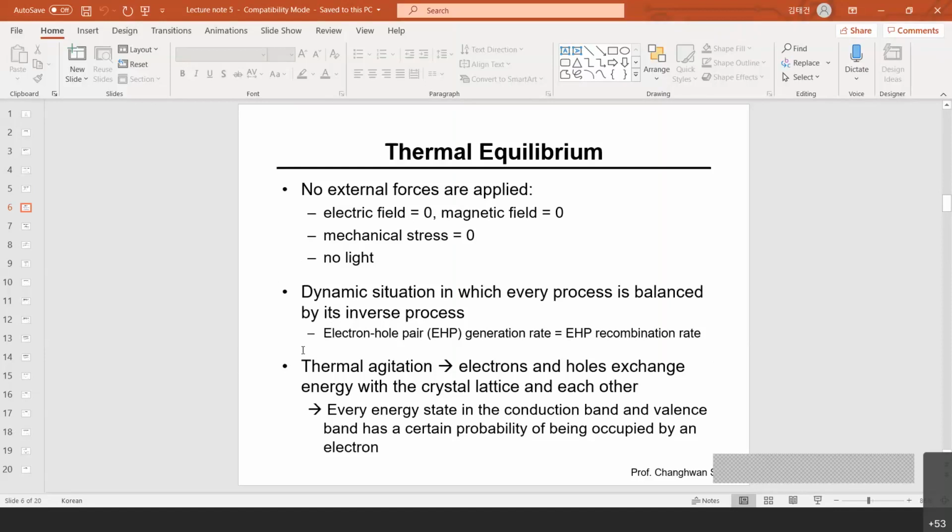Whenever you imagine thermal equilibrium, how does it look? Maybe everything is very calm, settled and stable, but in silicon crystalline material that is not true. A lot of electrons, say per cubic centimeter, 10 to the 10, so 10 billion free electrons are already available, and those electrons recombine with the free holes.